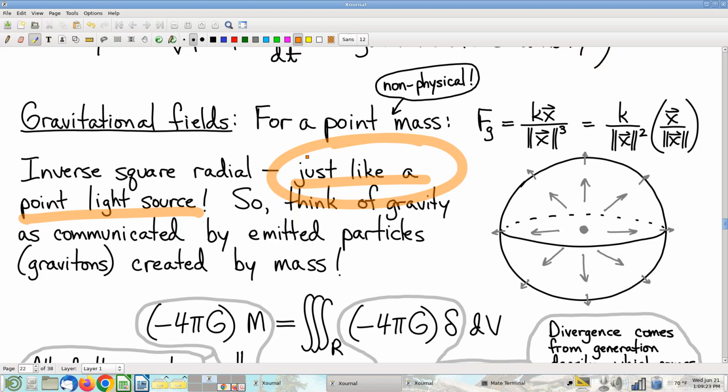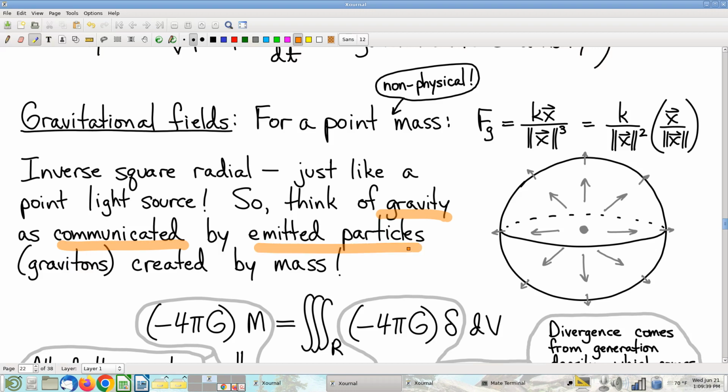And the fact that they are algebraically the same leads to a real physical theory, which is that gravity is actually communicated by little particles that are flowing outward away from the mass, just in the same way that light bulbs emit photons that fly outward.